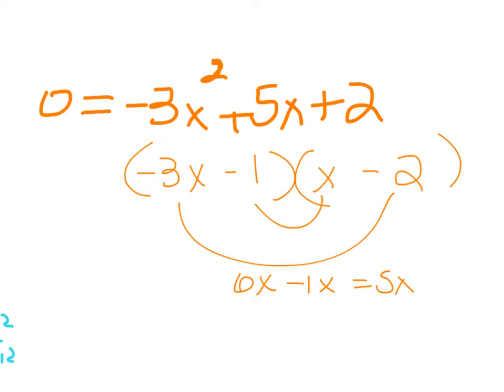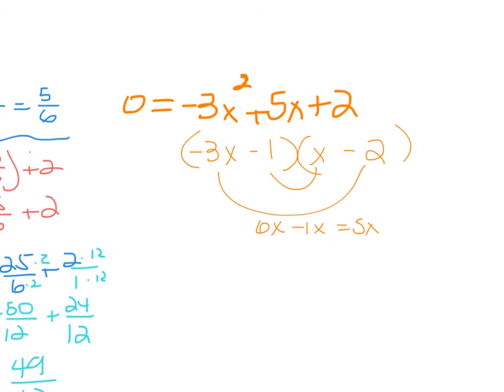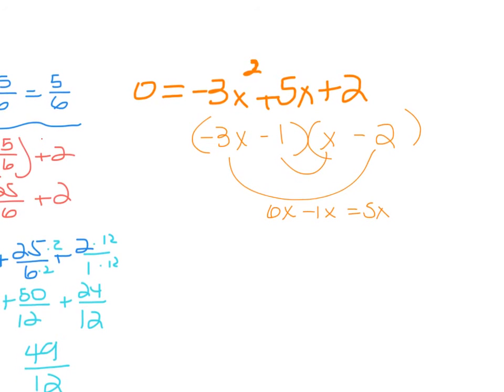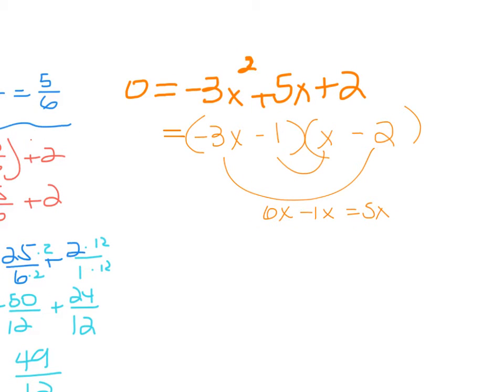If it was not factorable, then I would use the quadratic formula, which I'll review at the end of the video when we get to the zeros. So now that it's factored, I set these each equal to 0. I'd get negative 3x equals 1, so x equals negative 1/3, and x equals 2.